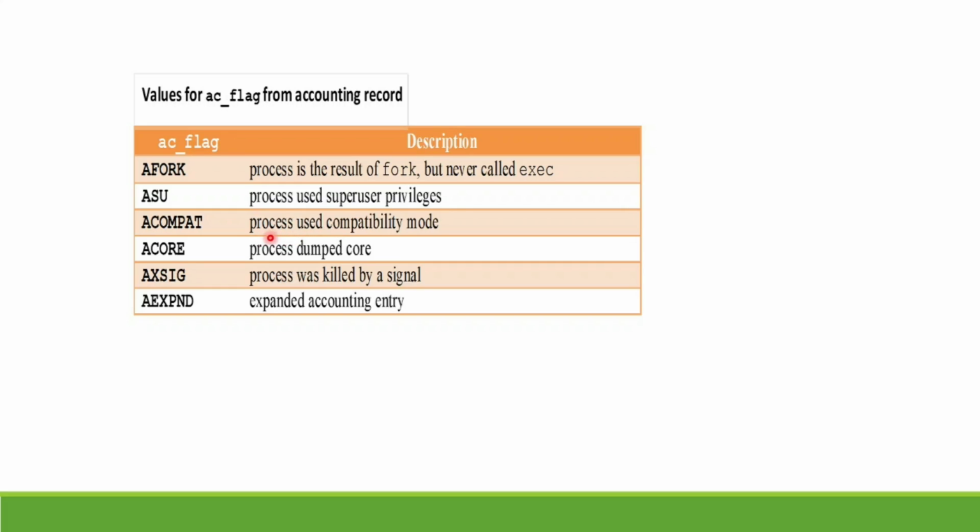ACOMPAT is set when a process used a compatibility mode, ACORE is set when the process dumped core, and AXSIG is set when the process was killed by a signal. AEXPND is used when it is an expanded accounting entry.